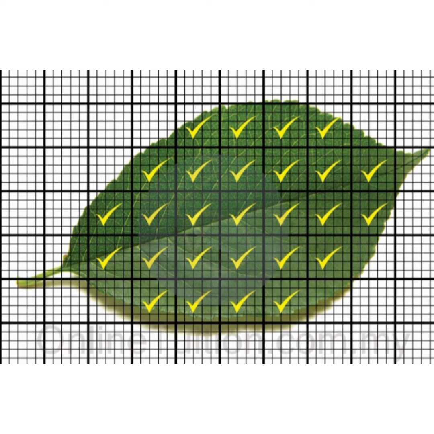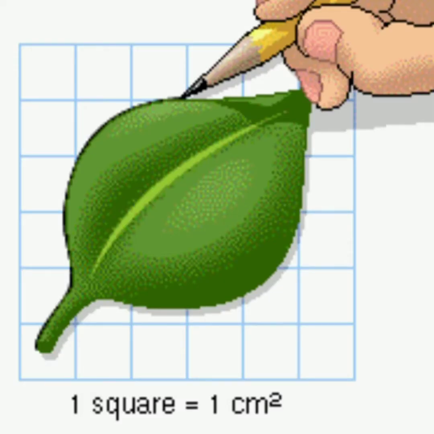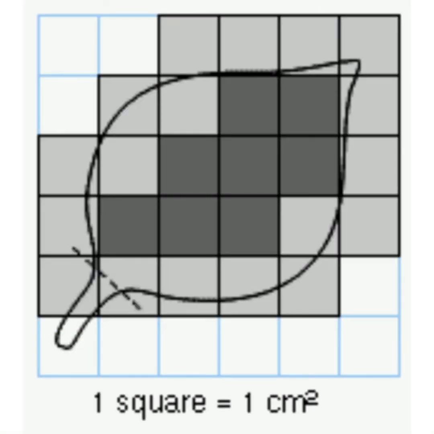So, to find the approximate area of an irregular shape, we use a square centimeter grid. For example, take a leaf, keep it on the graph paper and trace the outline with a pencil. We can find some complete squares and some incomplete squares.